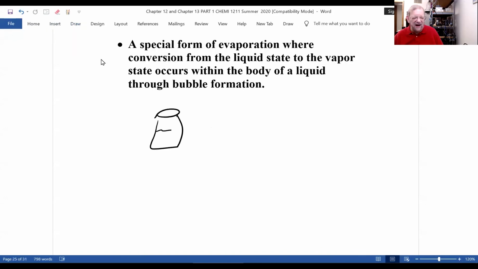So if I had a pot or beaker of water on a hot plate, and you heat it up, all of a sudden you see these little bubbles coming to the surface. And those bubbles contain water in a gas form.